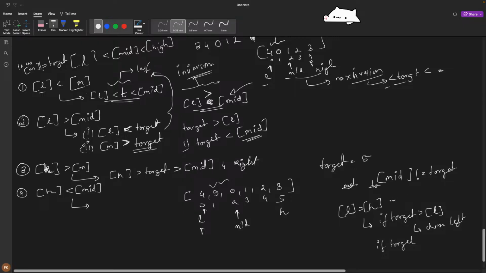But that only happens if L is greater than mid and mid is less than L, right?